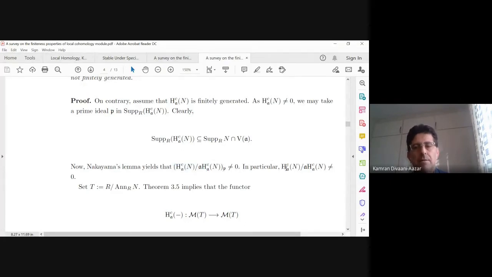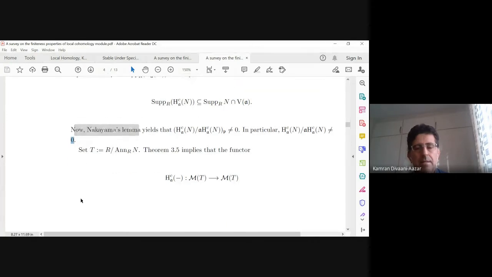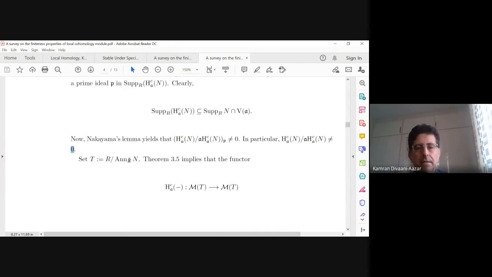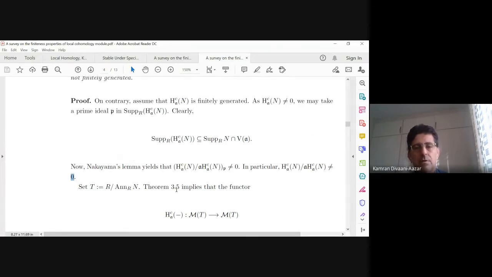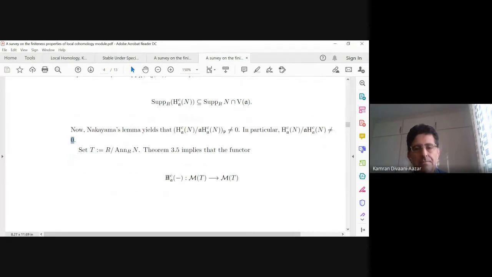So in particular, the quotient itself shouldn't be zero. Set T as R over annihilator of N. Then by Theorem 3.5, this is a right exact functor.